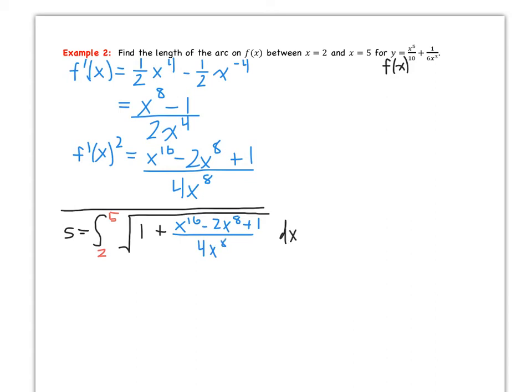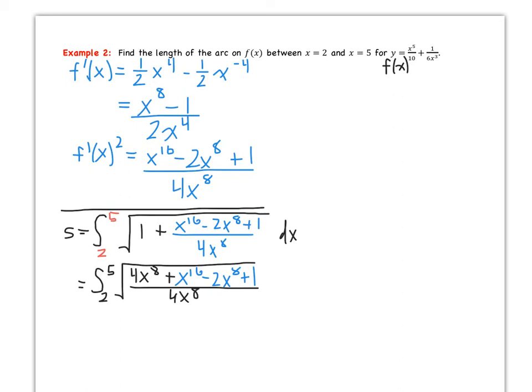All right, getting common denominators, we will have the integral from 2 to 5 of the square root of 4x to the 8th plus that quantity x to the 16th minus 2x to the 8th plus 1, and now it's all over 4x to the 8th. That is still underneath the radical.